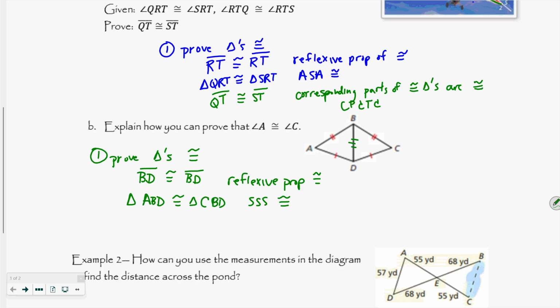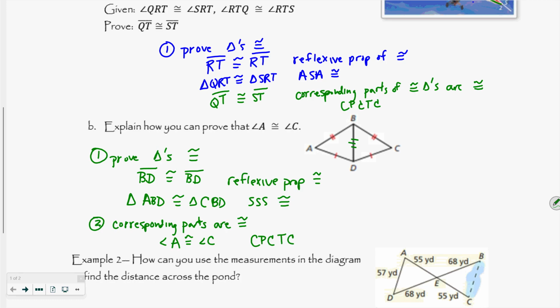Now that the two triangles are congruent, I can say that corresponding parts are congruent. So now corresponding parts have to be congruent. So angle A must be congruent to angle C, and my reasoning for that would be corresponding parts of congruent triangles are congruent.